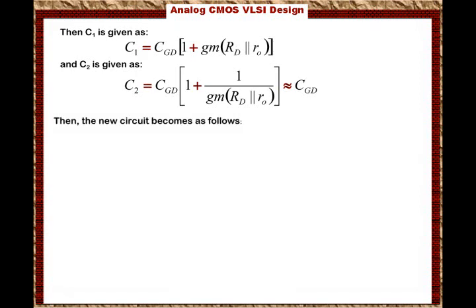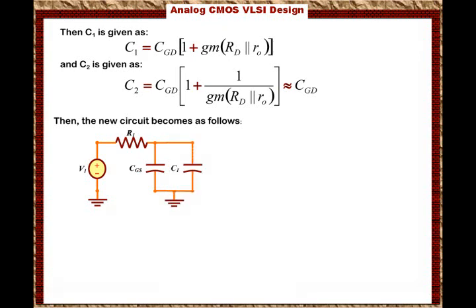Then the new equivalent circuit will look like this. I will have V1 connected in series with R1. This is the Thevenin input equivalent circuit of the amplifier. Then we have CGS, which is the input capacitance from the gate to the source, and that is in parallel with C1 because C1 goes from the gate to ground, right?